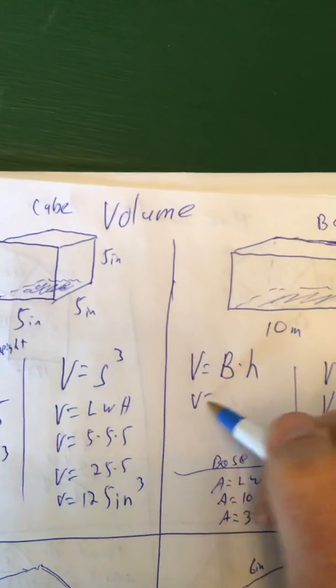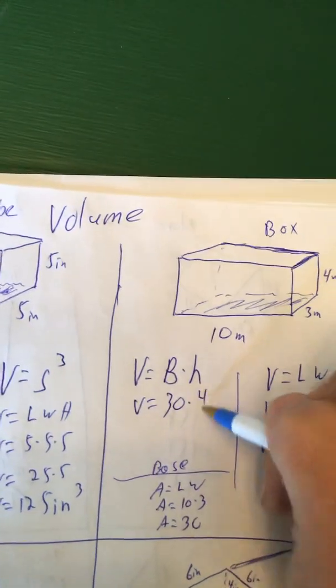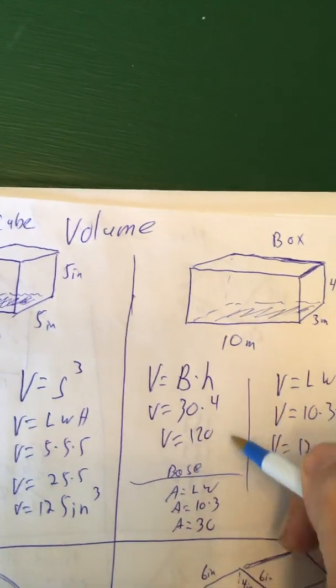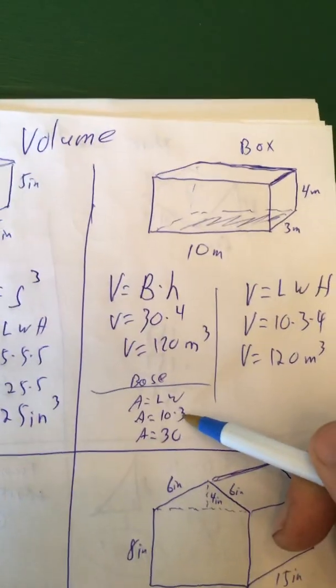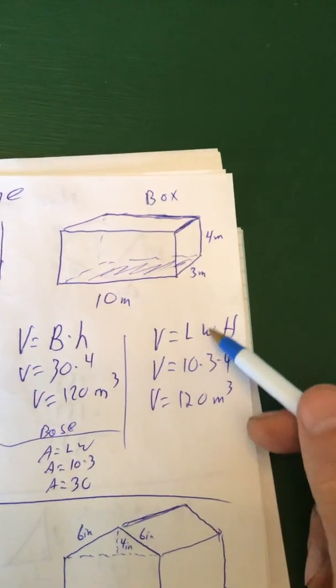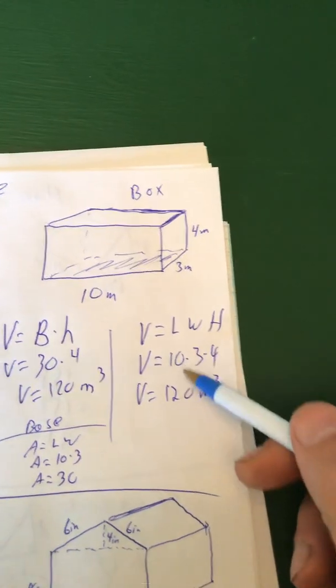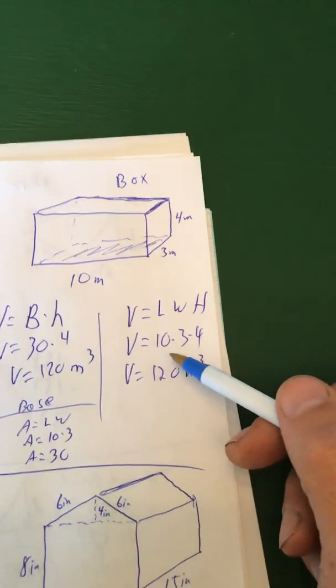So you could just say, this is 30 times my height is 4. And you get 120 meters cubed. So you can find the area of the base and then use this formula, or you can just go length times width times height. This is definitely the way you probably do it. But when they get weirder, you're going to want to do it this way.